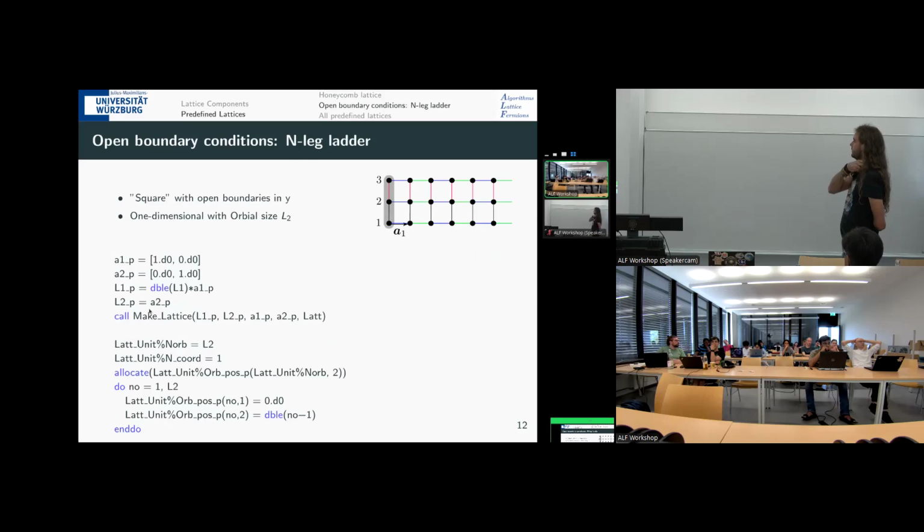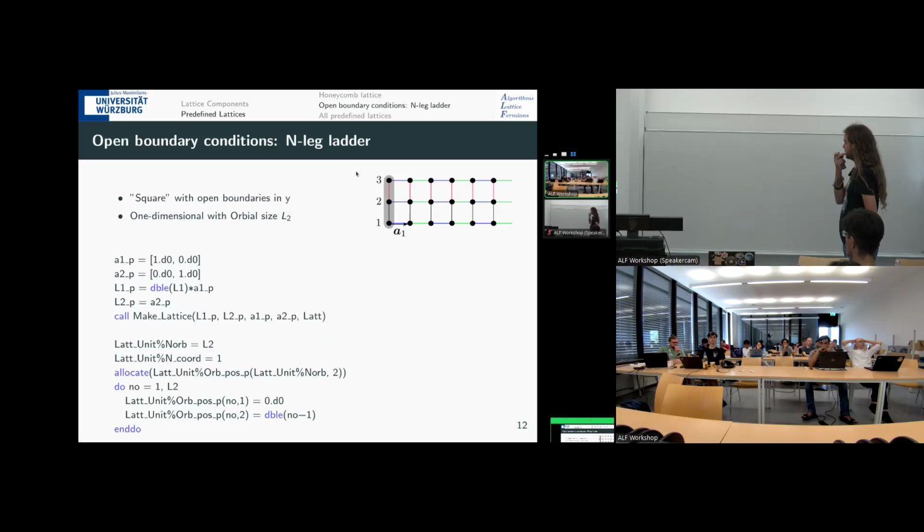Similarly, if you want to work with open boundary conditions, so that we have only periodic boundary conditions in one direction. Here, for example, the n-leg ladder, which is like a square, in x direction L1 sites, and in y direction L2 sites.